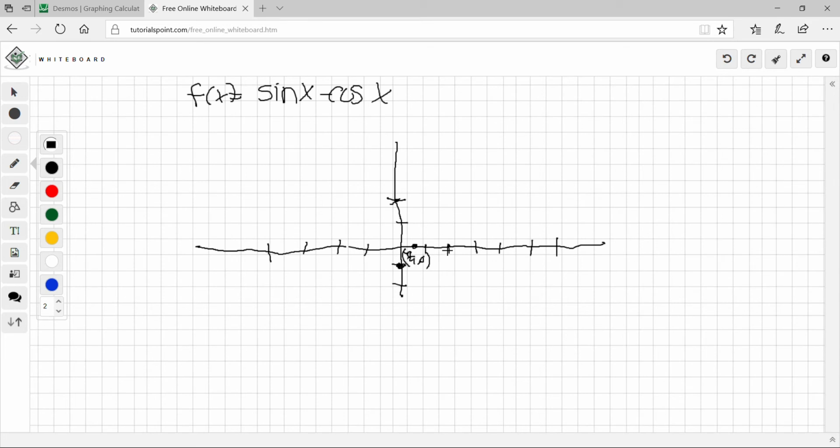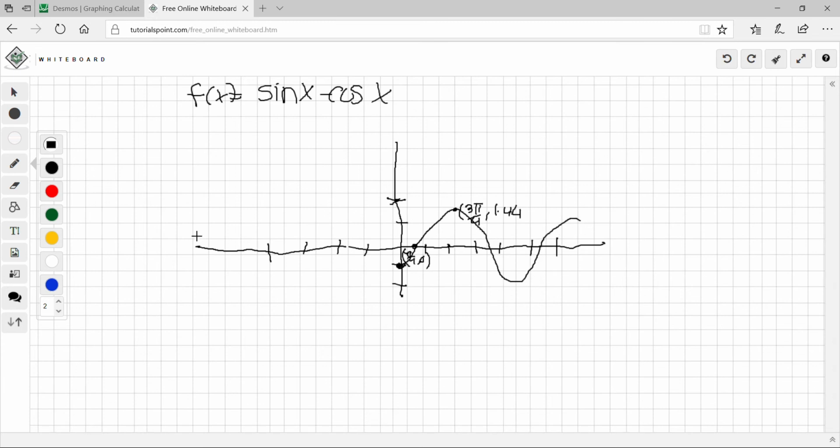And then this point is about, here's 1, 2. This point is 3 pi fourths, comma 1.44. So it's going to look something like this on the right side.